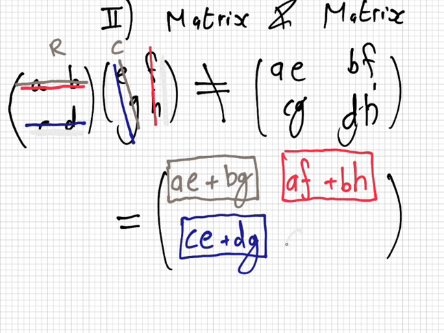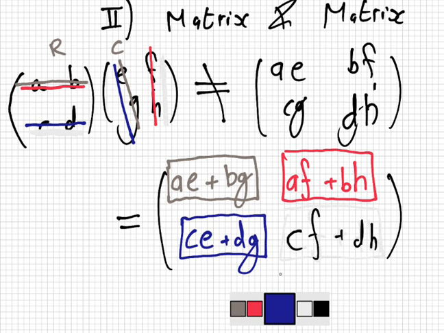So that's CF, I'll write it in black as well. CF plus DH. Let me add that in black. CF plus DH.